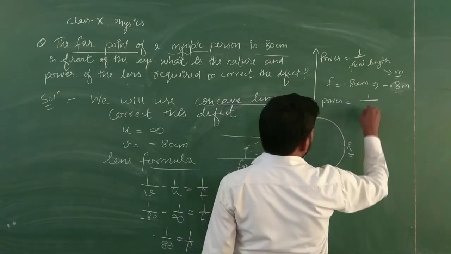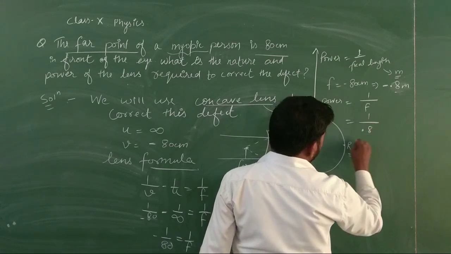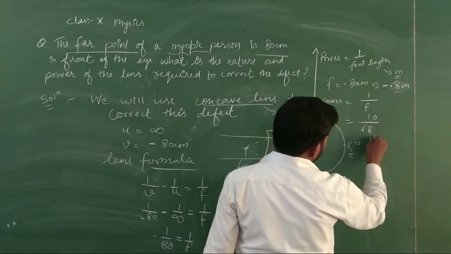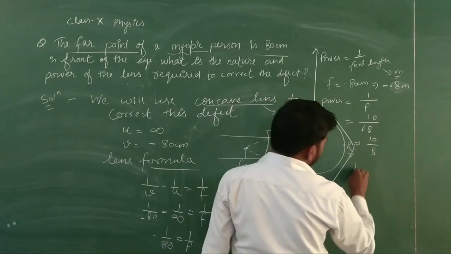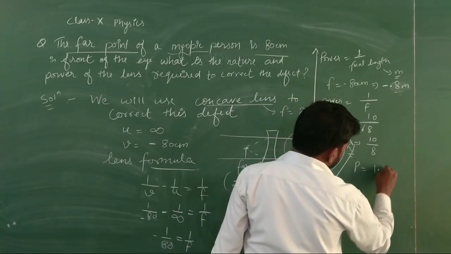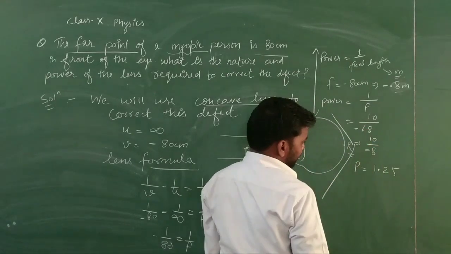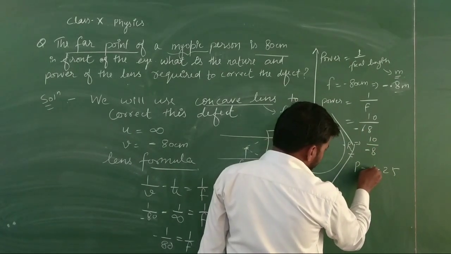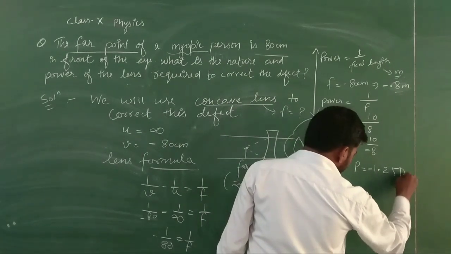Okay, so we can calculate the power of the lens. Power equal to 1 upon focal length, 1 upon minus 0.8. It can be written as 10 upon 8. So power equal to 1.25. It will be negative, we will take the negative sign also. So the power of the lens will be minus 1.25 diopter.